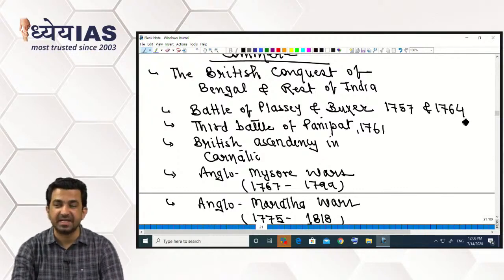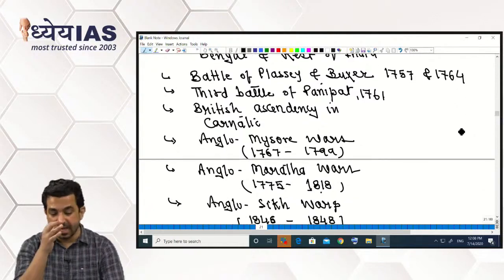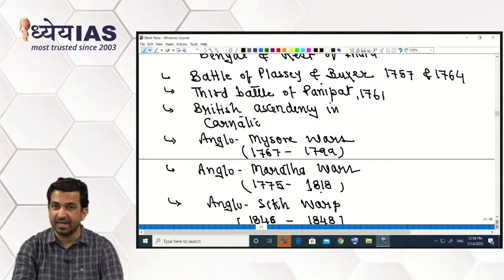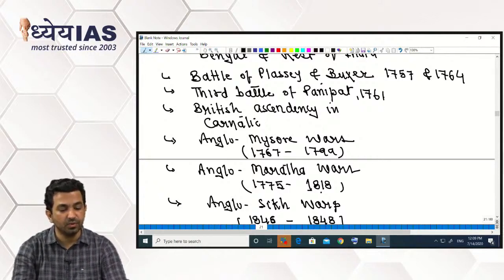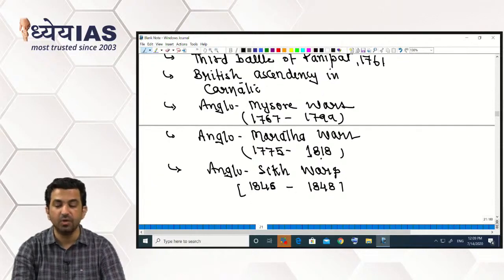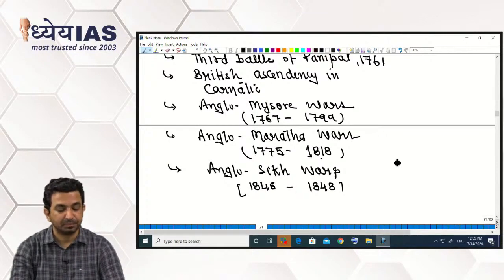Then the British ascendancy in Carnatic, Anglo-Mysore Wars and annexation of Mysore, then Anglo-Maratha Wars and Anglo-Sikh Wars.